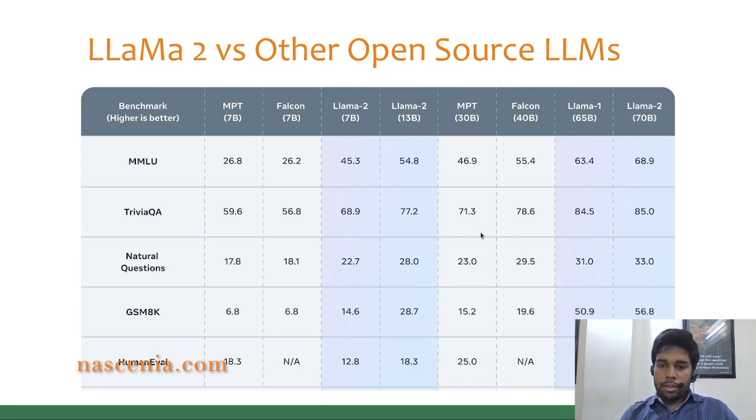If you look at this row here and this row here and all the other rows as well, you can see that LLaMa 2 at its 70 billion parameter size crushes all the other open source models. So LLaMa 2 is actually very strong on these benchmarks.